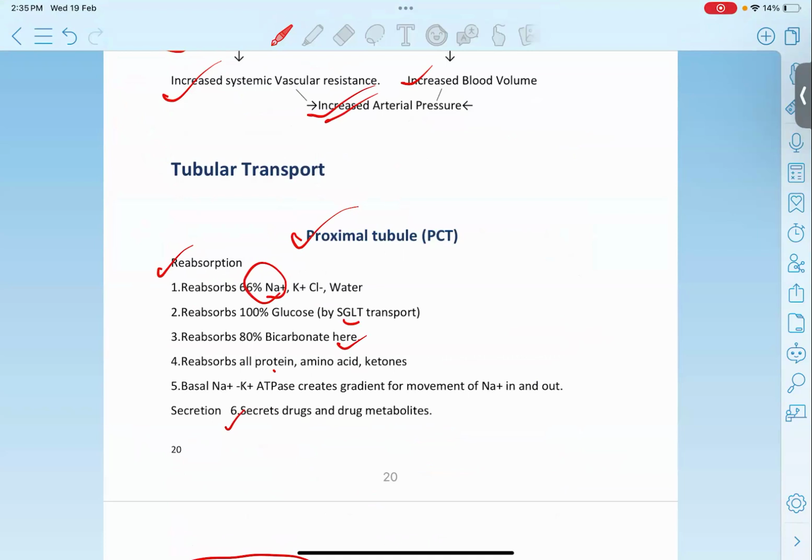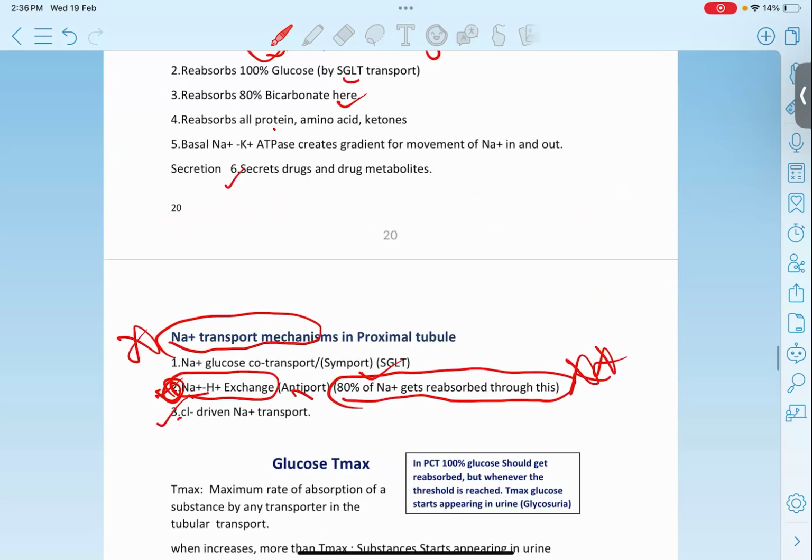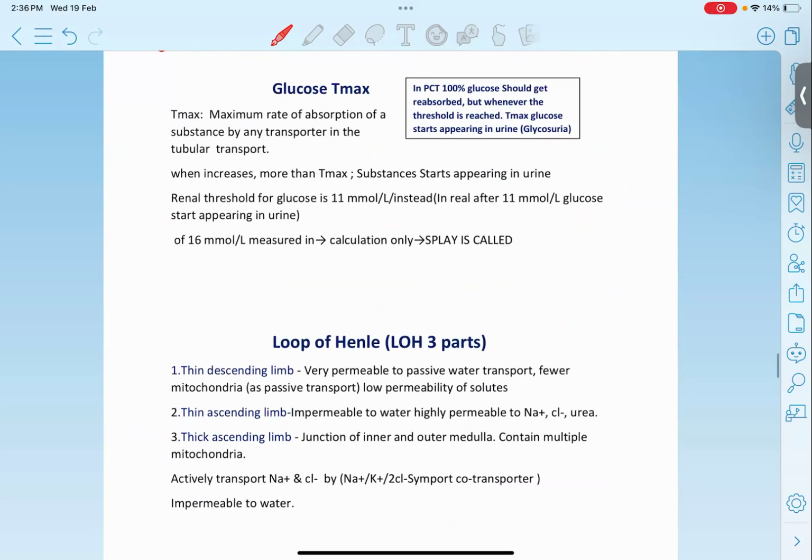This ratio is 66% in some places, and in some places they have mentioned 80%. So make sure you're open to both. And they won't give you two of the same option. There is another transport mechanism called chloride driven sodium transport. All of this happens in the proximal tubule.